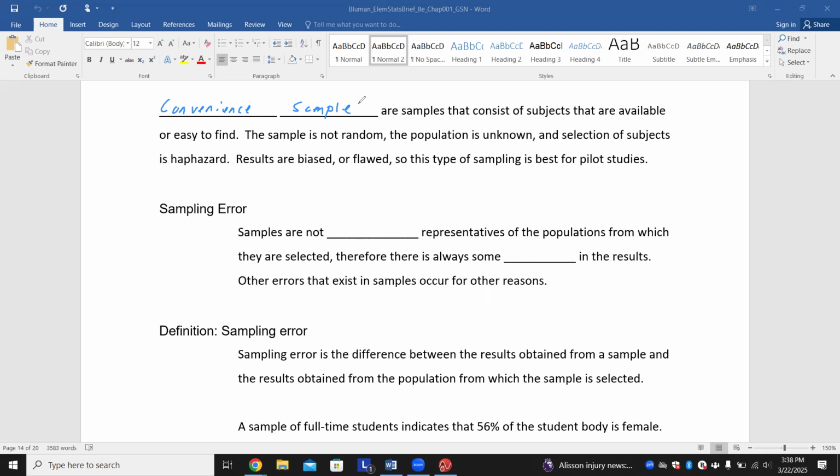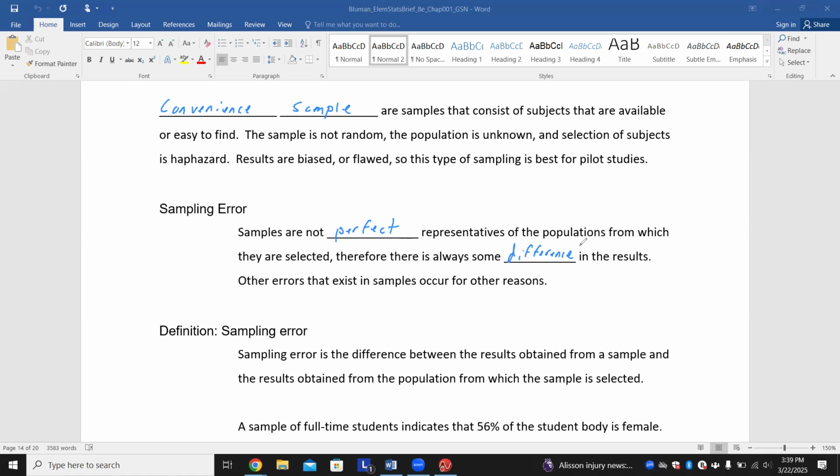So with that and with the bias that can come with it, we do have what we call sampling error. Samples are not perfect. The only perfect sample would be the entire population. So samples are not perfect representations of the populations from which they are selected. Therefore, there is always some difference in the result, and it doesn't matter how you pick the samples.